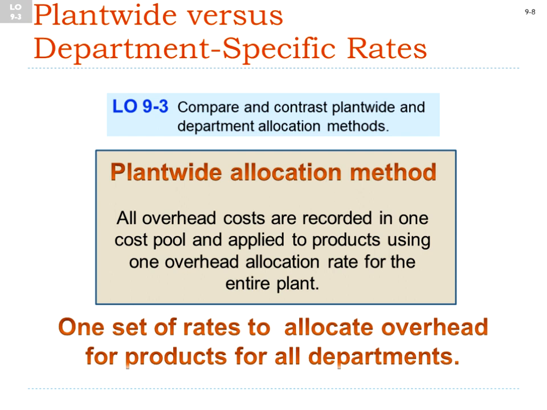We're also going to talk about plant-wide versus department-specific rates. We'll talk about the plant-wide allocation method. In companies that use a plant-wide allocation method, all overhead costs are recorded into one cost pool and then applied to products using one overhead rate.